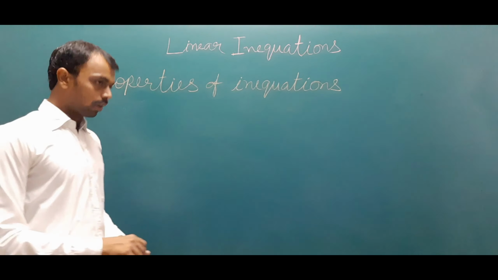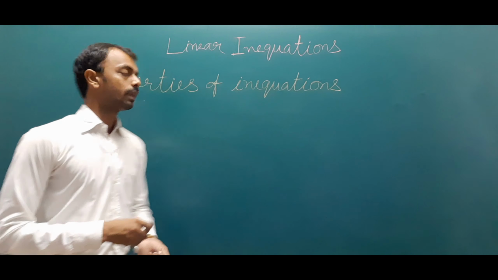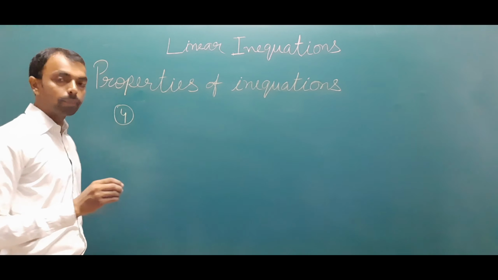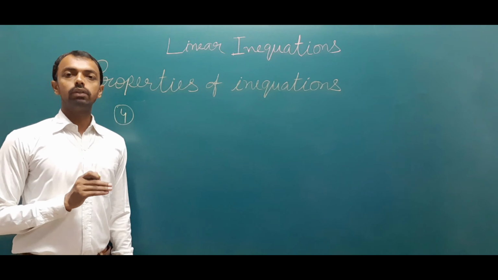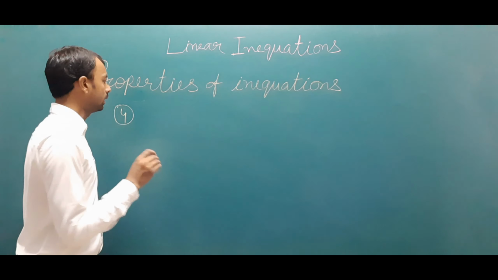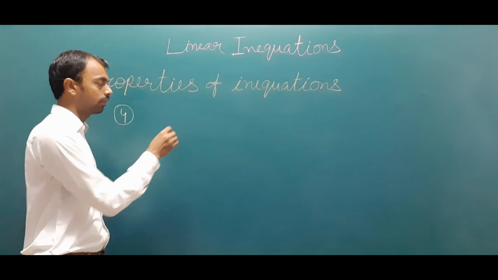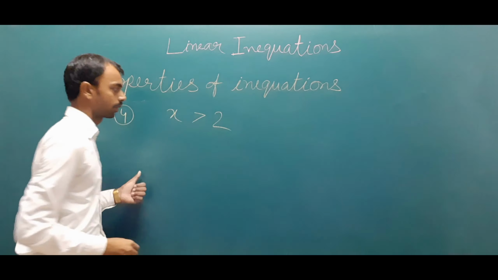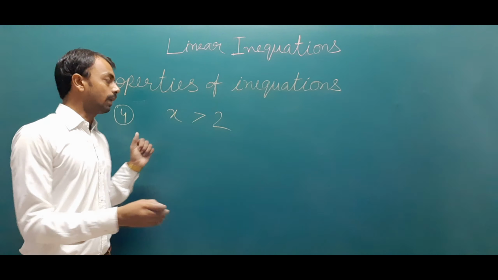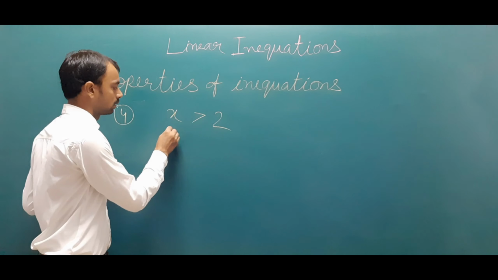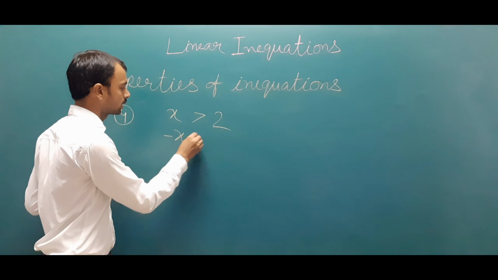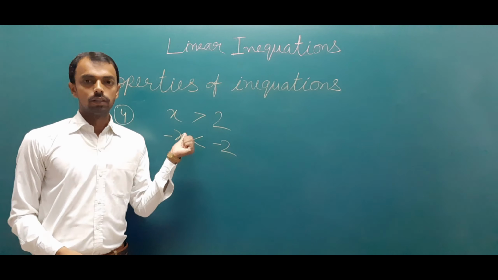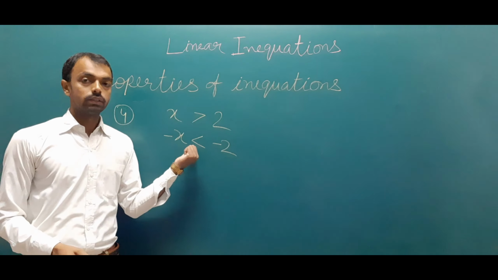Now the very important property: if we multiply or divide with any negative number. Consider the next example, x is greater than 2. Here if I am multiplying with minus 1, then it will become minus x is less than minus 2. Means the sign will get reversed.